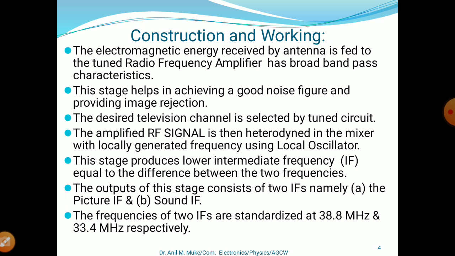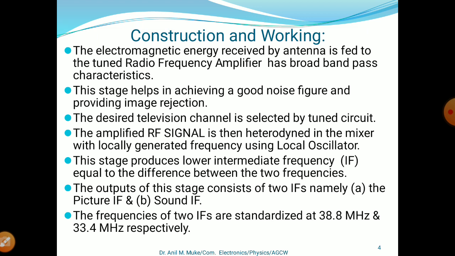This local frequency is mixed with the received electromagnetic frequency to generate the intermediate frequency, which is nothing but the difference between the received electromagnetic frequency and the local oscillator frequency.